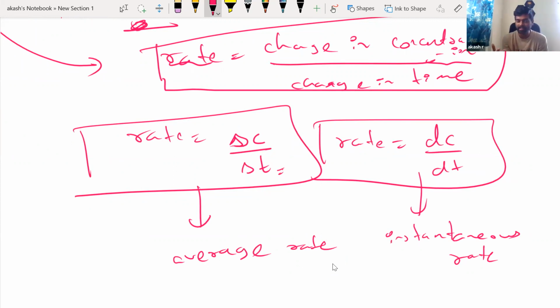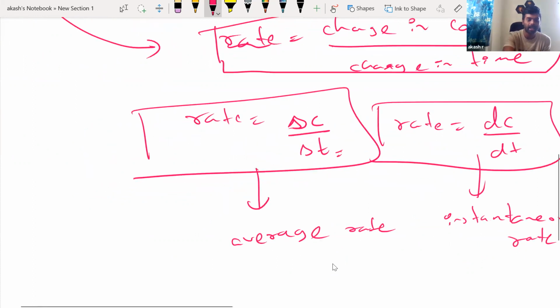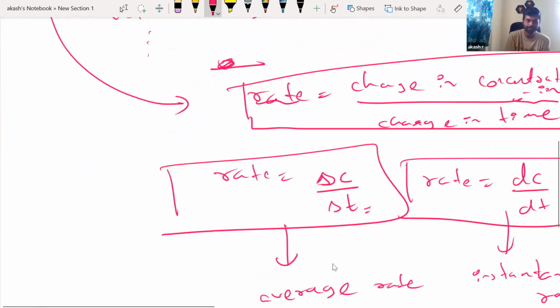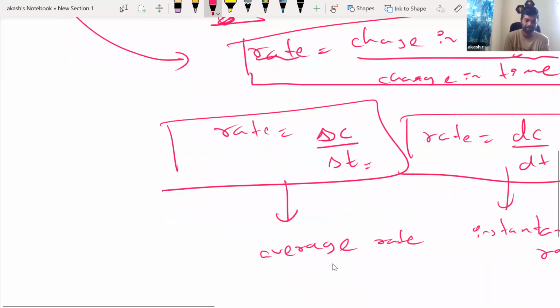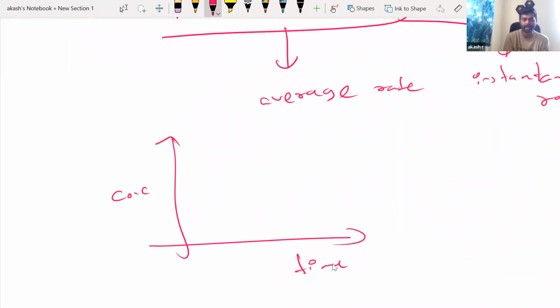For us to understand this, let us take a graph, the graph for concentration versus time, for a chemical reaction, say R giving P. We are going to plot how the concentration of reactant and the concentration of product keep on changing as the time progresses. Reactant initially would have had some concentration at time t is equal to 0.